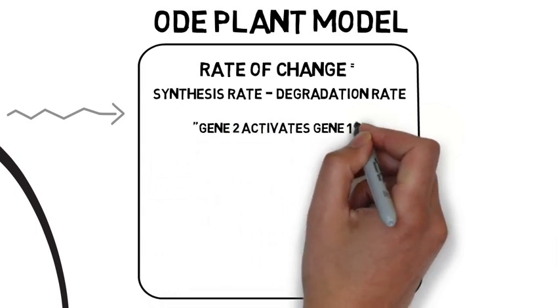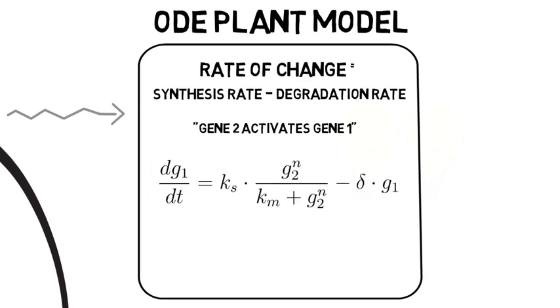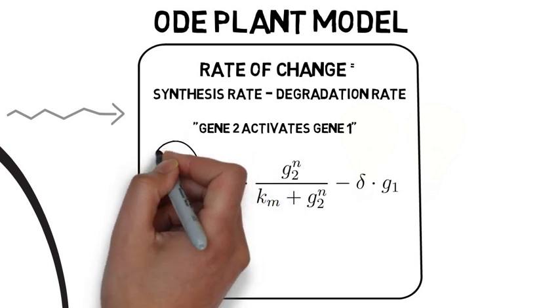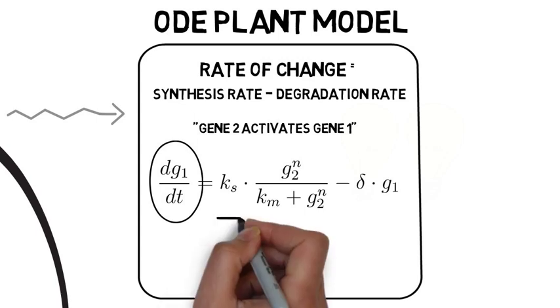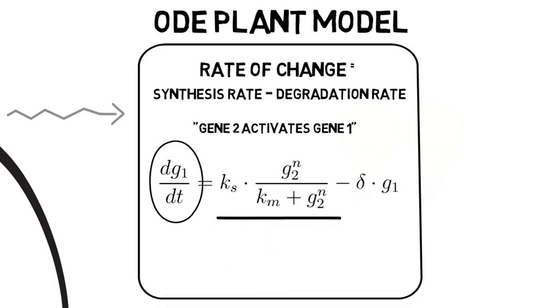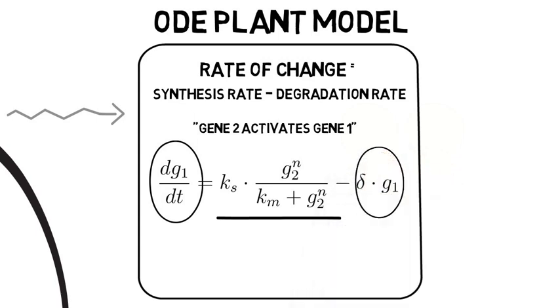This could be modeled by the following equation, interpreted as the rate of change in the concentration of the protein produced by gene 1 is equal to the synthesis rate of this protein, a function of G2, given that gene 2 activates gene 1, minus the degradation rate, assumed here to be proportional to the concentration of the protein synthesized from gene 1.